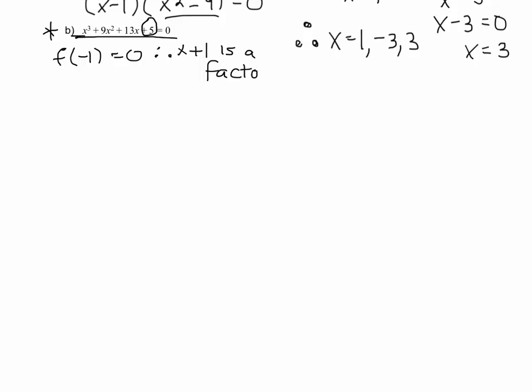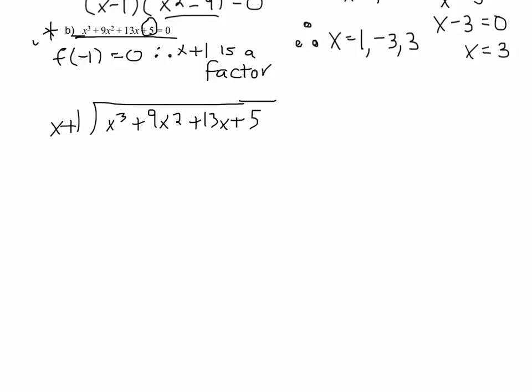We can now set up our long division. X plus 1, we're going to divide x cubed plus 9x squared plus 13x plus 5. X goes into x cubed, x squared times. Multiplying them out, we get x cubed plus x squared. Subtracting those two, we get 8x squared remainder. Bring down our 13x.